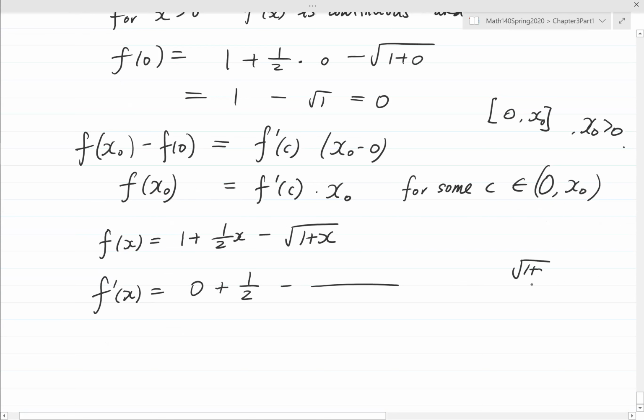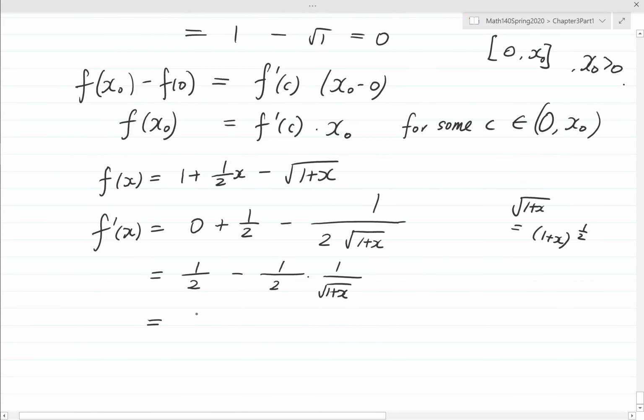Square root of 1 plus x equals 1 plus x to the 1 half power. Use the chain rule and power rule, so we get a 1 half here, then 1 plus x to the negative 1 half. So this is 1 half minus 1 half times 1 over the square root. If you factor out this 1 half, it's 1 half times 1 minus the thing.